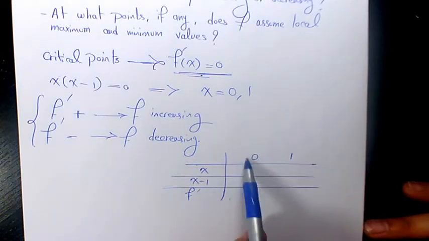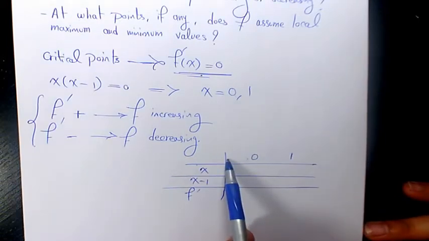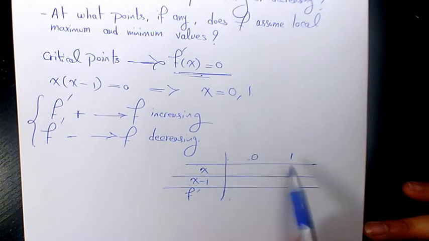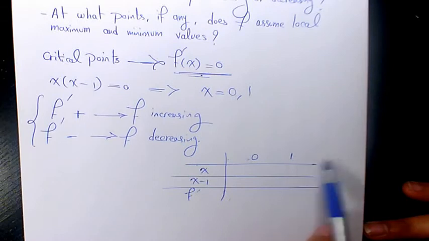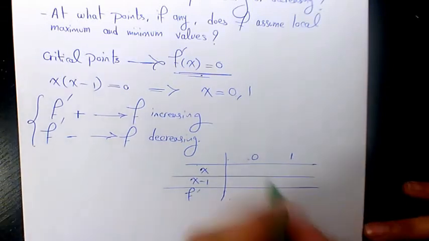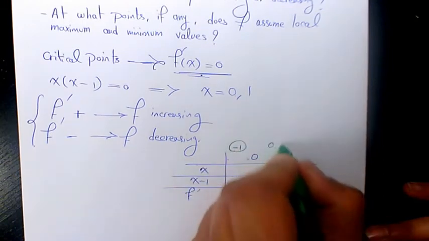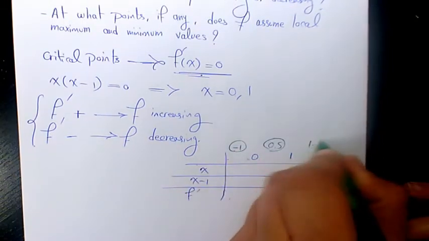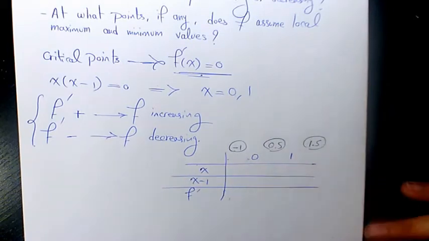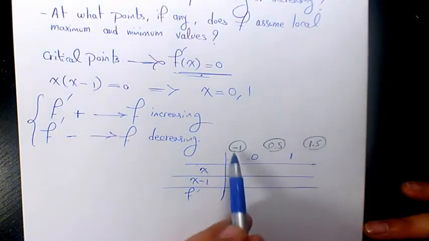This region is all x values less than 0, all x values between 0 and 1, and all x values greater than 1. So let's say negative 1, and just assume a number, here 0.5, and here 1.5.